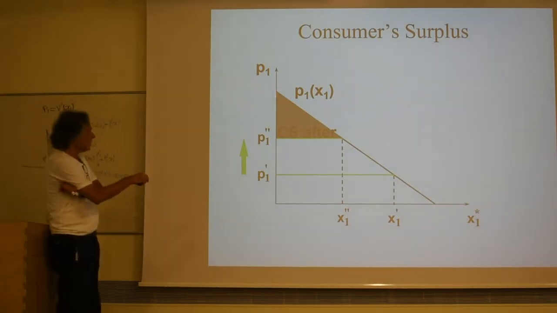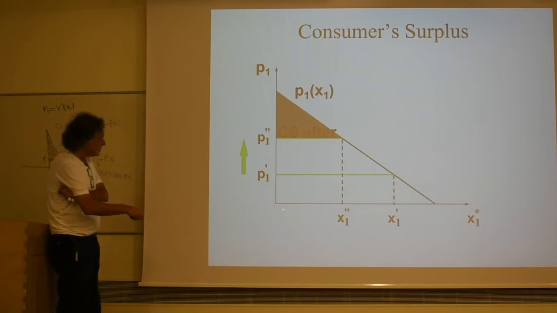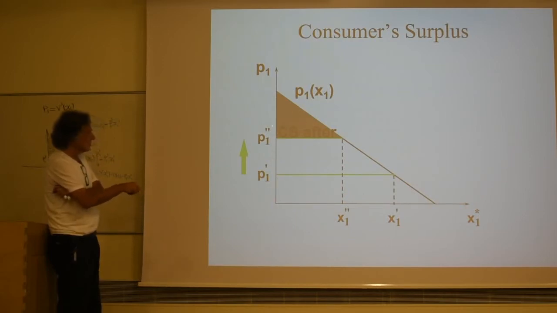Why? Because my willingness to pay for these many units, X1 double prime, is all this area. How much do I pay? P1 double prime times X1 double prime, all this area. I am left with this. Before, I had all this.